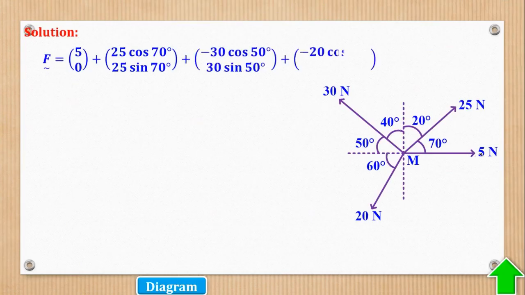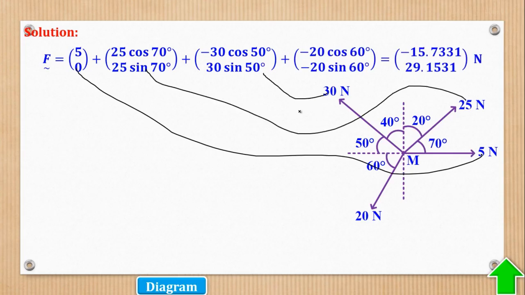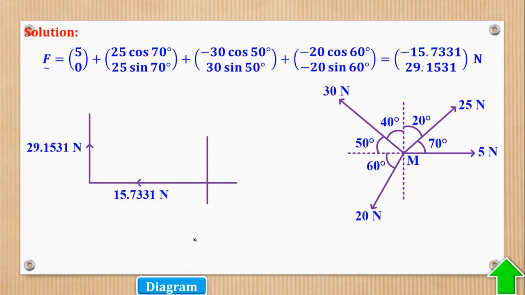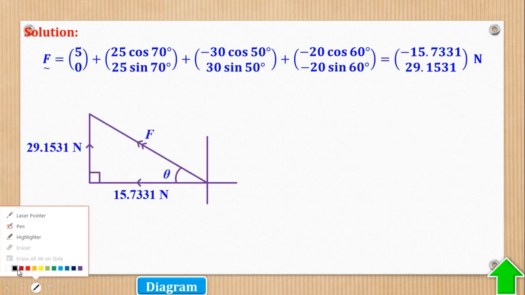So resolving this gives that. Resolving 25 gives this. Resolving 30, resolving 20. In the end, we come up with this. So now we shall draw our right angle triangle, negative horizontal and positive vertical.